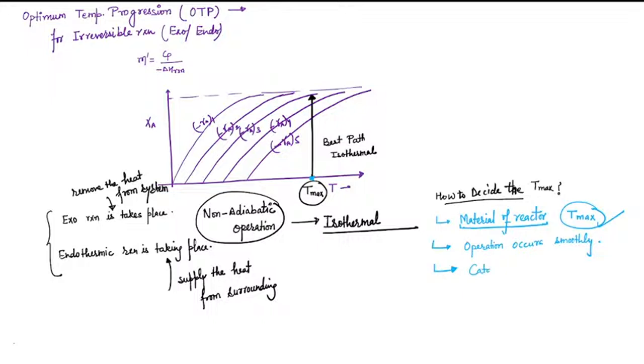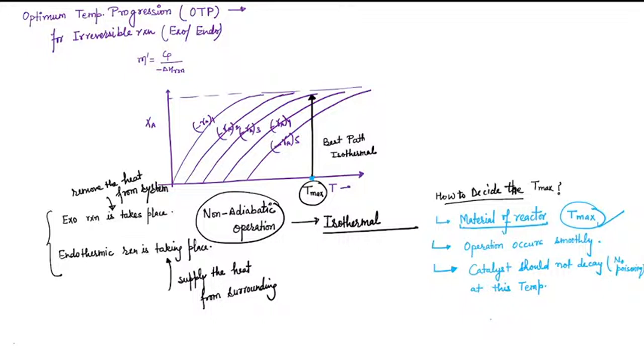the catalyst should not decay. All these things I already told you, it should not decay at this temperature. So the catalyst should not decay. I will decide that maximum temperature so that the catalyst does not decay at that temperature. Means no poisoning, and all these things.